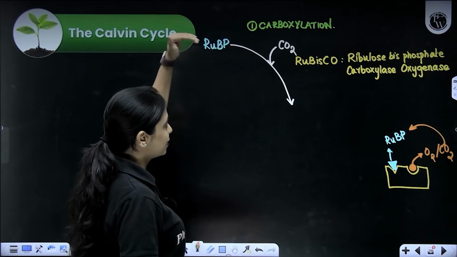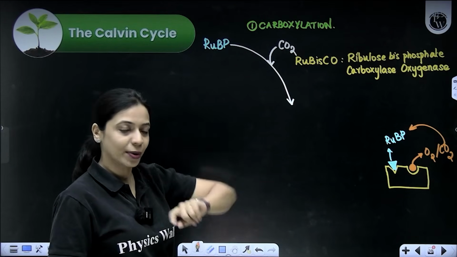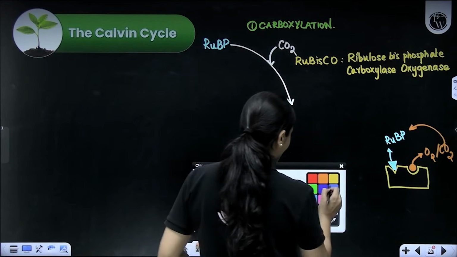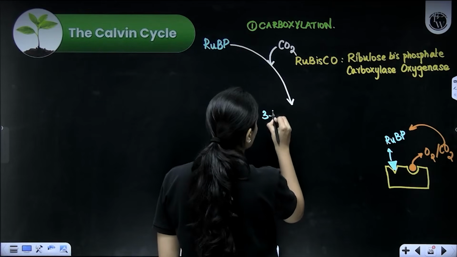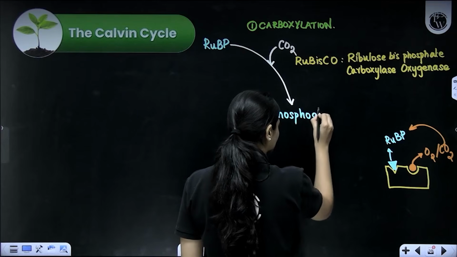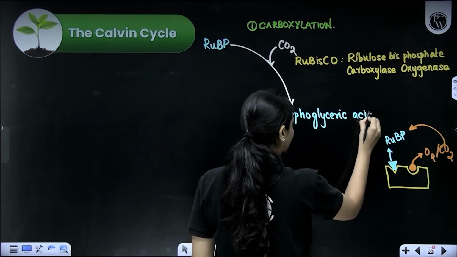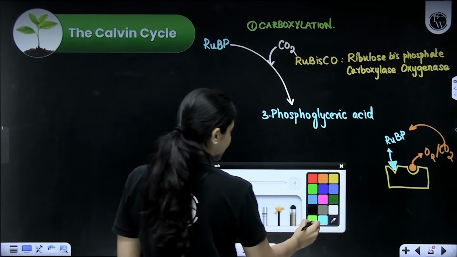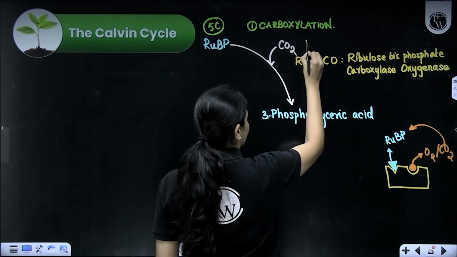Like I told you earlier, the first stable product of photosynthesis is a 3 carbon compound, that is our 3-phosphoglyceric acid. Now, if you look at it, RUBP has 5 carbons, carbon dioxide has 1 carbon.